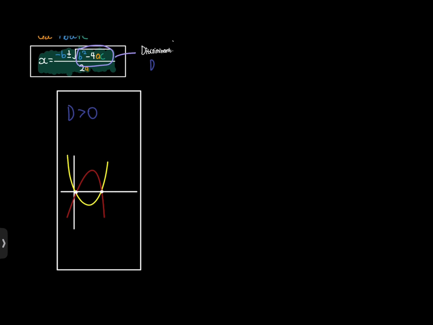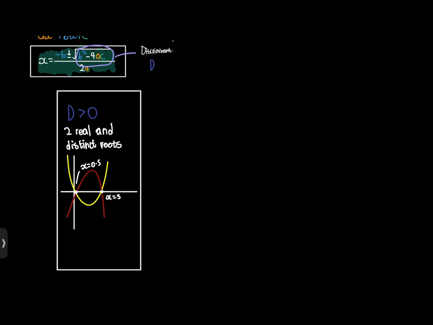Maybe you can say that this is x equals 5, and then, I don't know, x equals 0.5. So these have two real and distinct roots, because they're different, they're not the same.